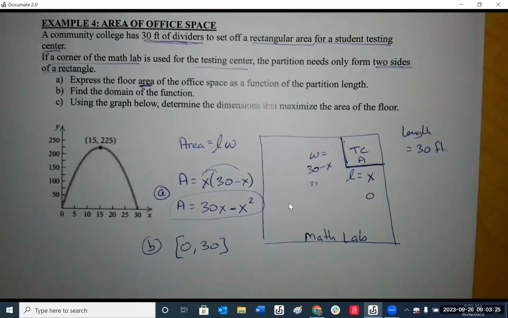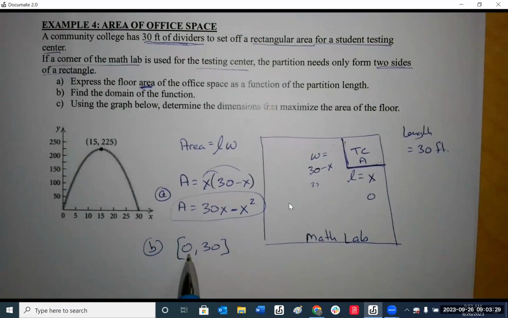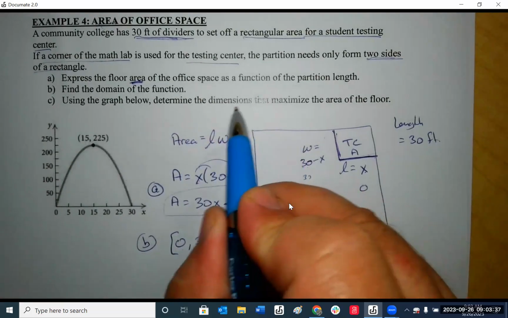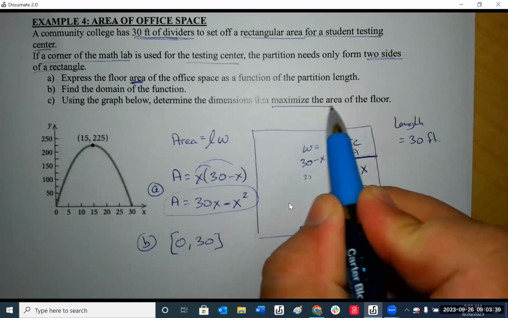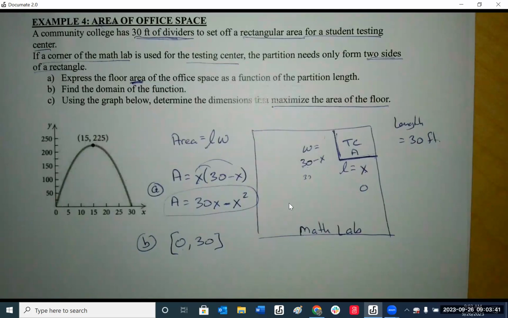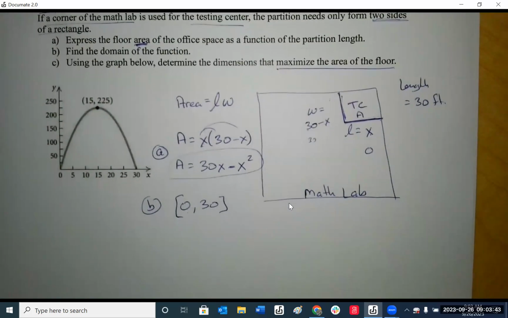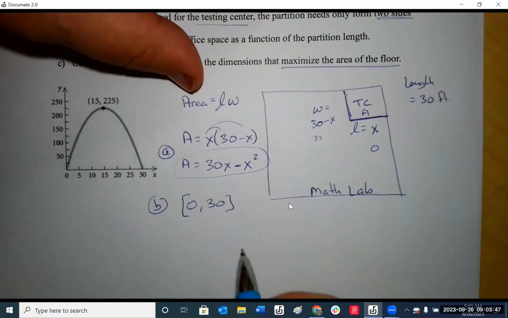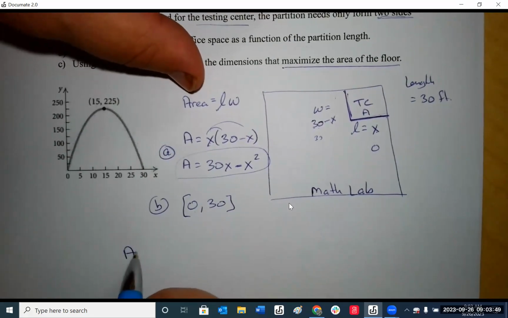That's how much border you have. You can either use none of it or you can use all of it. Now, determine the dimensions that maximize the area of the floor. The way we would do that is we take the equation.